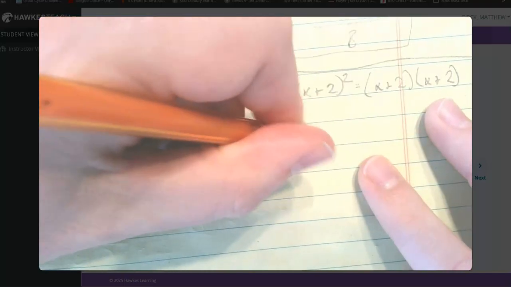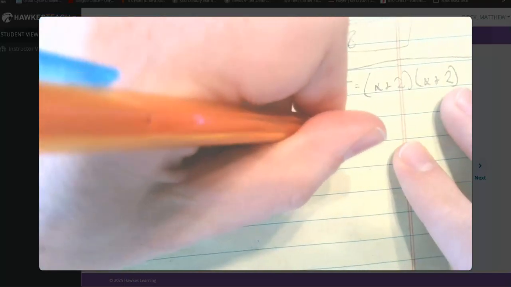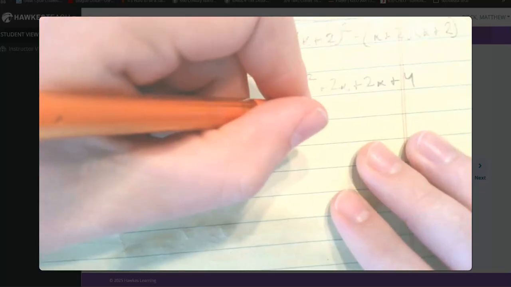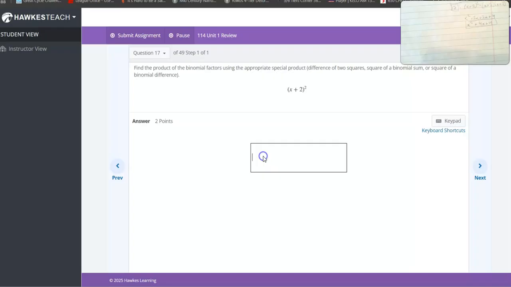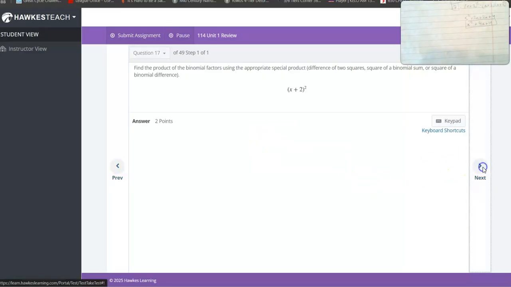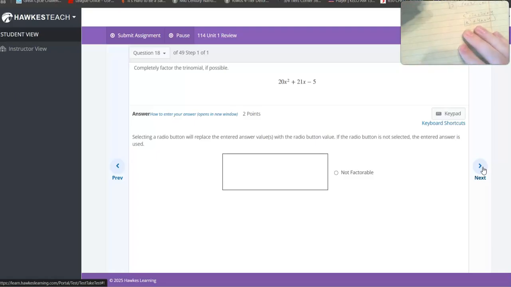So we have x times x is going to be x squared plus 2x plus 2x plus 4 for 2 times 2. So you end up with x squared plus 4x plus 4.